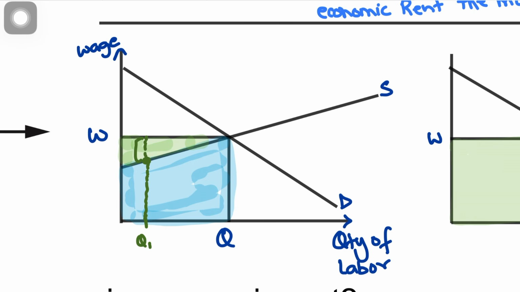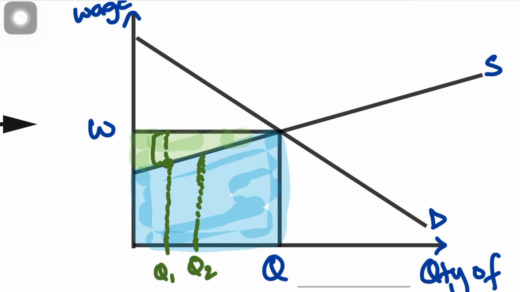But in order to hire Q2 workers, you would need to pay them a higher wage, because the supply curve for labor is upward sloping. To make sure that more workers are willing and able to work, you need to pay them more. This is the bare minimum that you need to give them, but the market wage rate is much more.